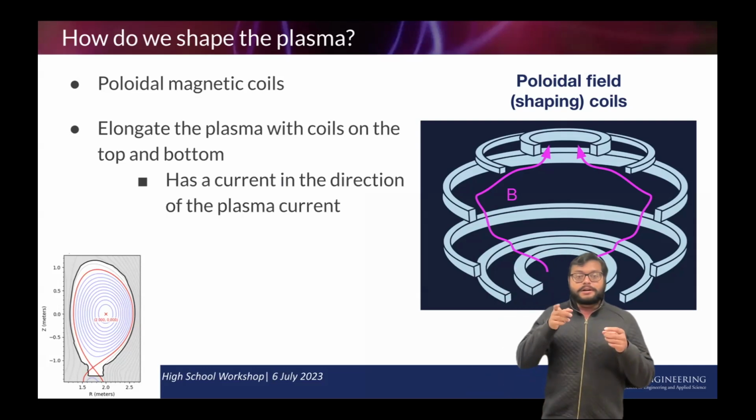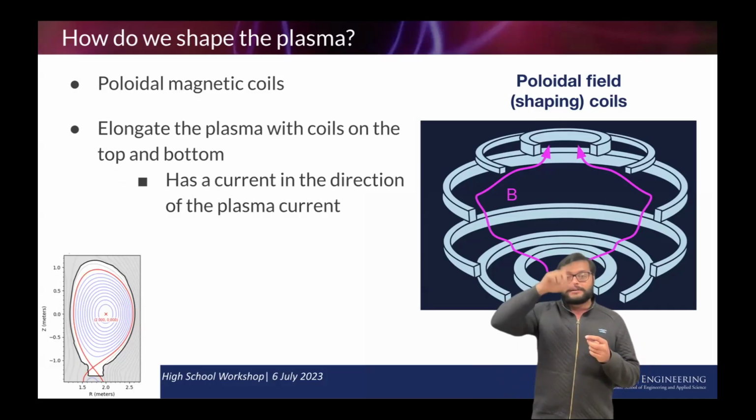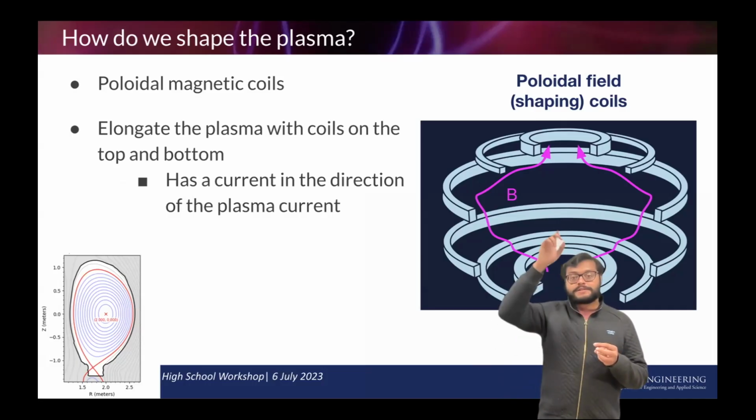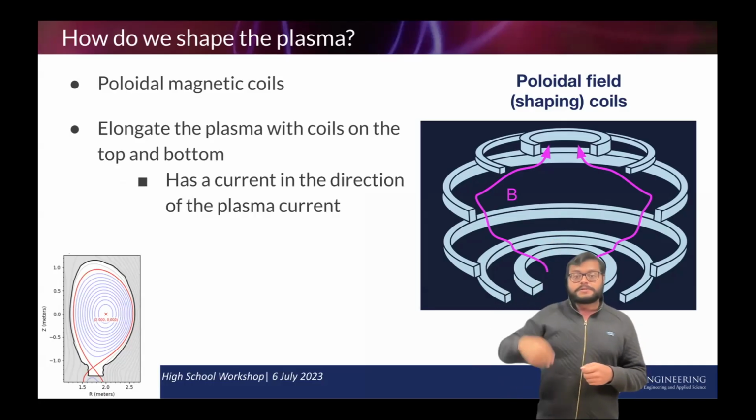And so we can essentially put a current in the direction of the plasma current to create this poloidal magnetic field. So that's a magnetic field that's along the poloidal cross section, and then that will essentially elongate our surfaces.